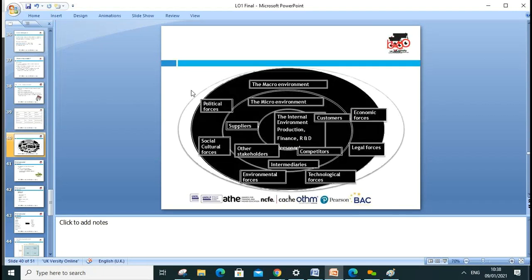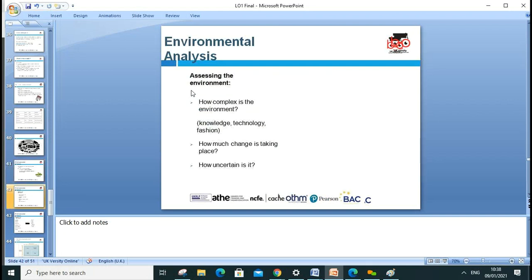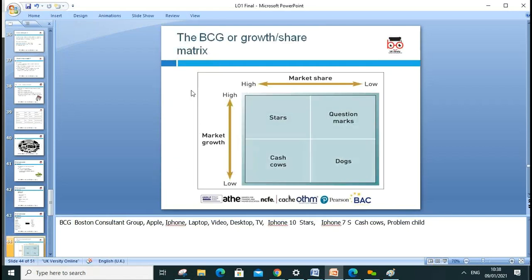Some sort of discussion. In the UK we can get data from the Office for National Statistics, ONS, or online, where many websites give you information. This is all about environmental analysis, which is complex, like fashion and technology, with different environments. So we are looking to identify critical change drivers, why this is happening, trends.